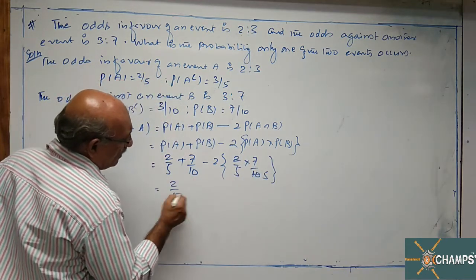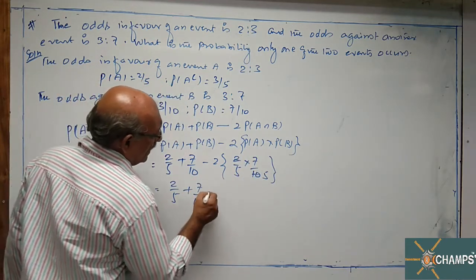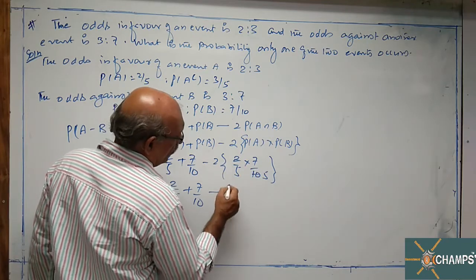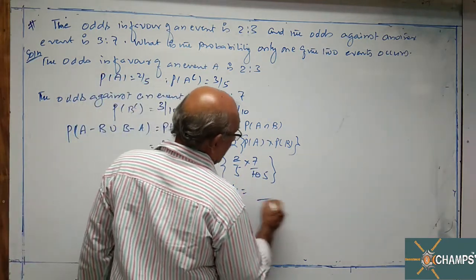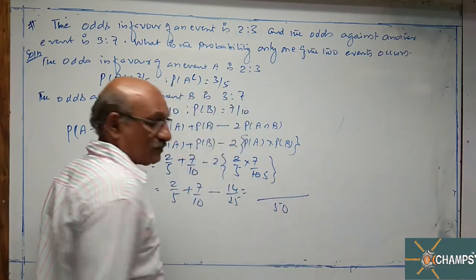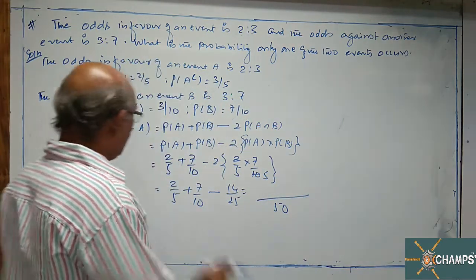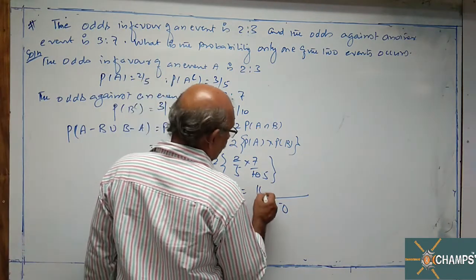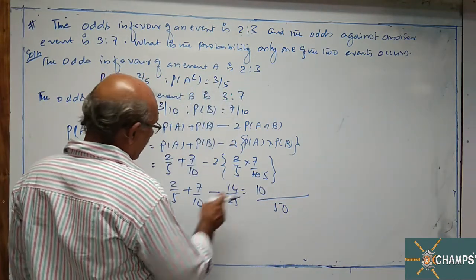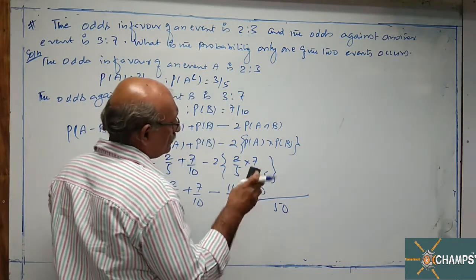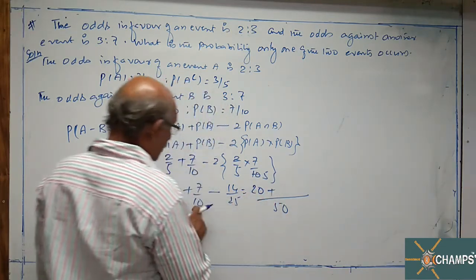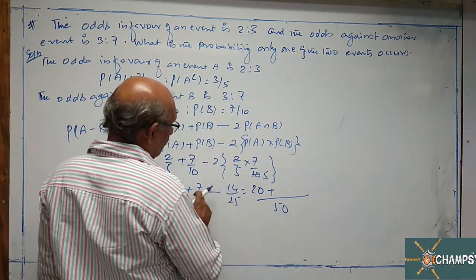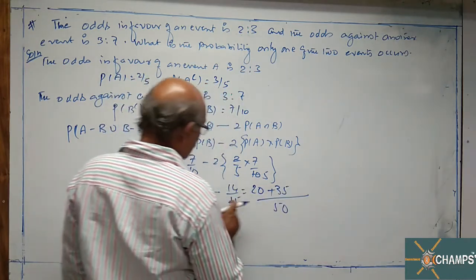So this is 2/5 plus 7/10 minus 14 divided by 25. I can take 50 as the LCM. 5 times 2 is 10, 5 2s are 20. Plus 10 will go 5 times, 5 into 7 is 35.